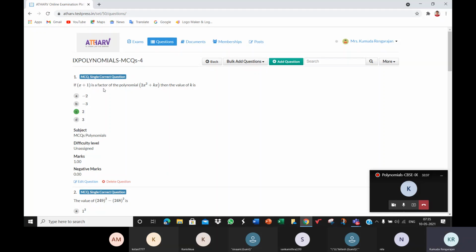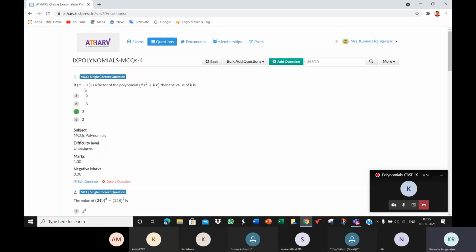In place of x in the polynomial, you need to use minus 1. Since it's a factor, the value of this polynomial at x equal to minus 1 will be 0. So 2 into minus 1 the whole square plus k into minus 1 is equal to 0. When you work that, the value of k will be 2.